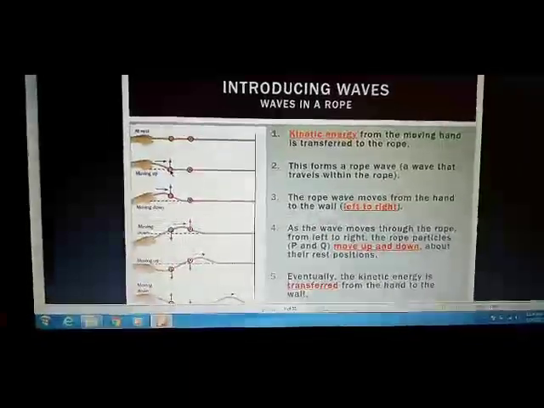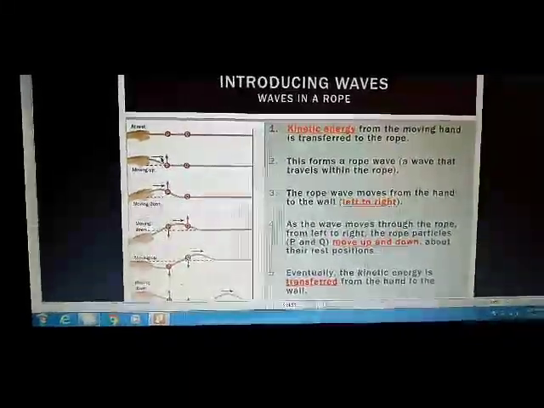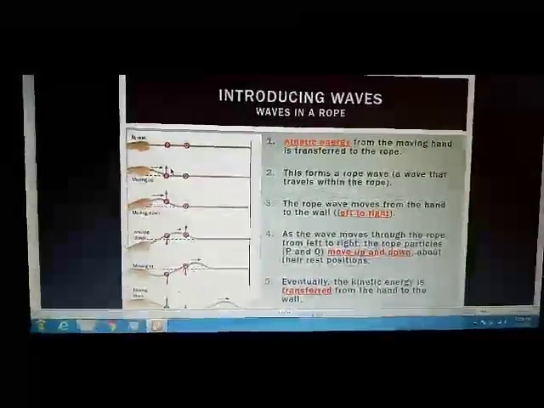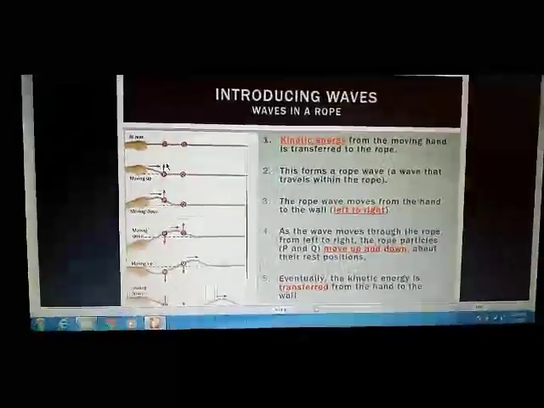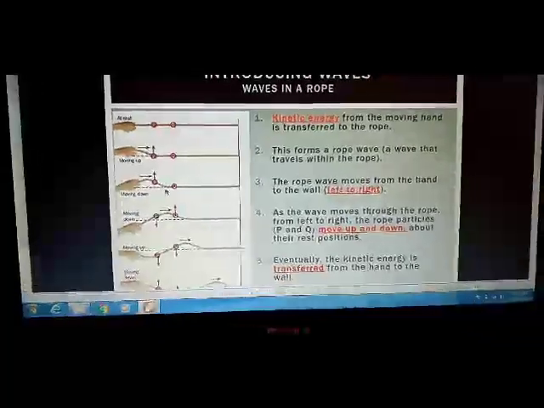But when your hand is moving in an upward direction, the blue arrow shows the direction of motion of the wave produced by your hand in the rope, and the red arrow shows the direction of motion of the particle. As we move our hand up and down, the particles will also move up and down.